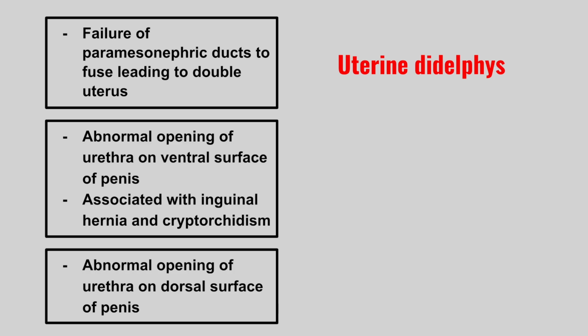Next, we have an abnormal opening of the urethra on the ventral surface of the penis associated with inguinal hernia and cryptorchidism. So this is hypospadias. Next, we have an abnormal opening of the urethra on the dorsal surface of the penis.